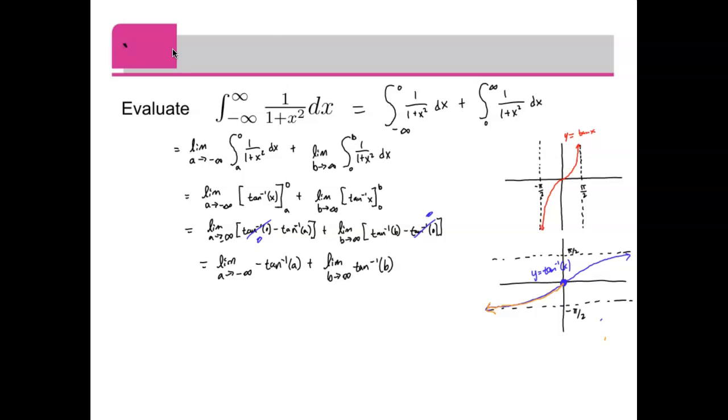Yeah, does everybody see that? So I'll trace over it in blue again. As our x values approach negative infinity, our y values are approaching that asymptote of negative pi over 2. And so what I have here is negative pi over 2 plus, all right, and as our x values approach positive infinity on inverse tangent, what are our y values approaching?